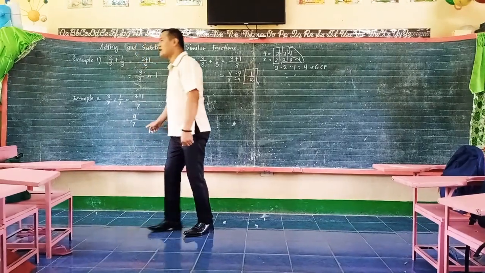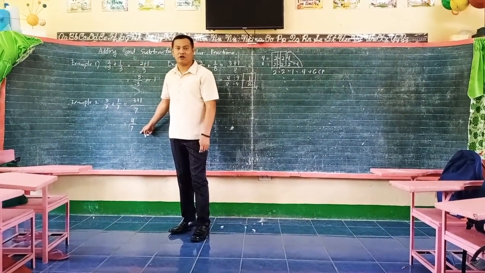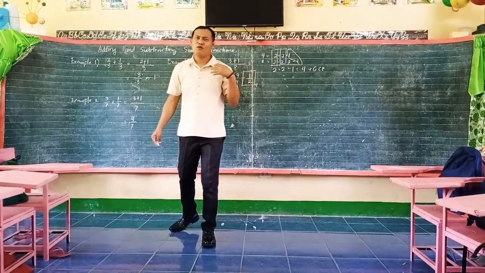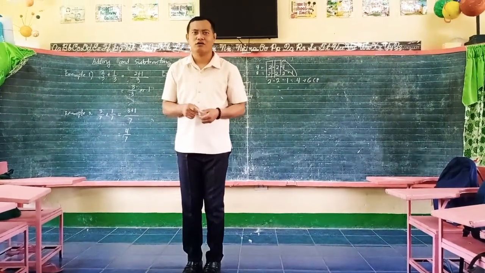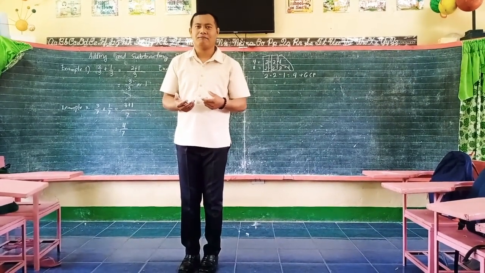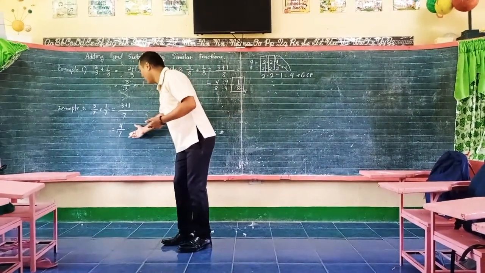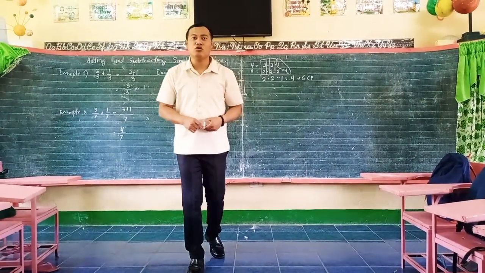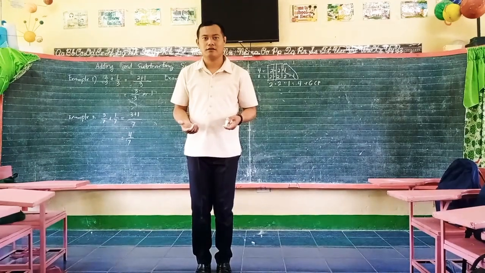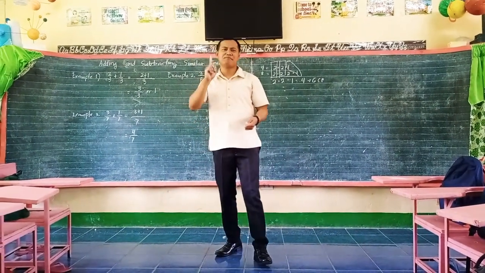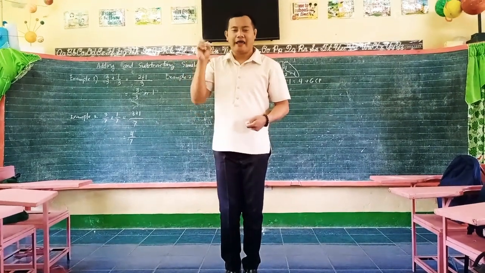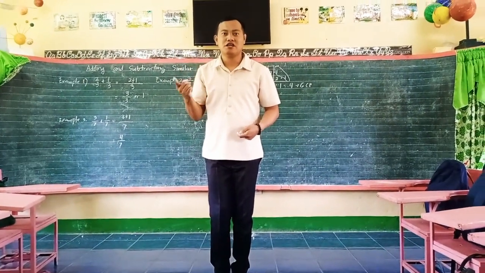So, can we reduce our answer into its simplest form? Exactly. Why can we not reduce the sum, 4/7, into its simplest form? Very good. That is simply because the GCF of the numerator and the denominator is equal to 1.